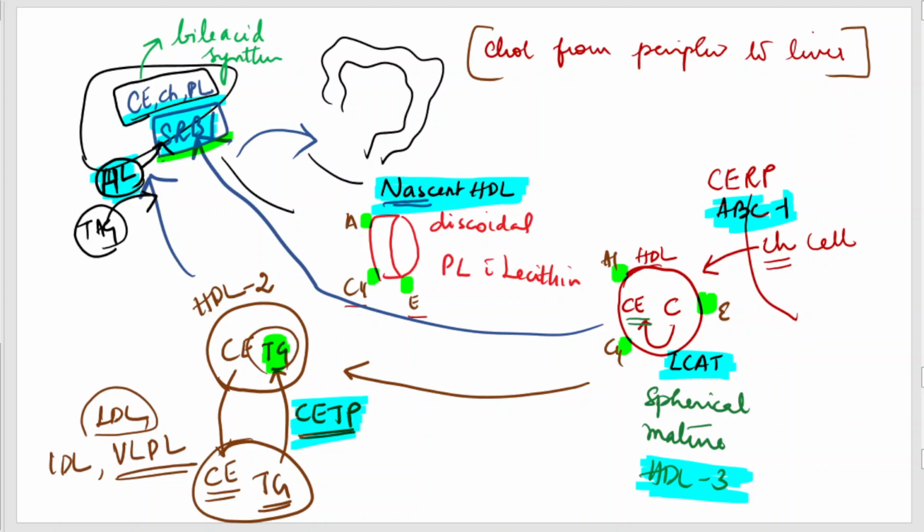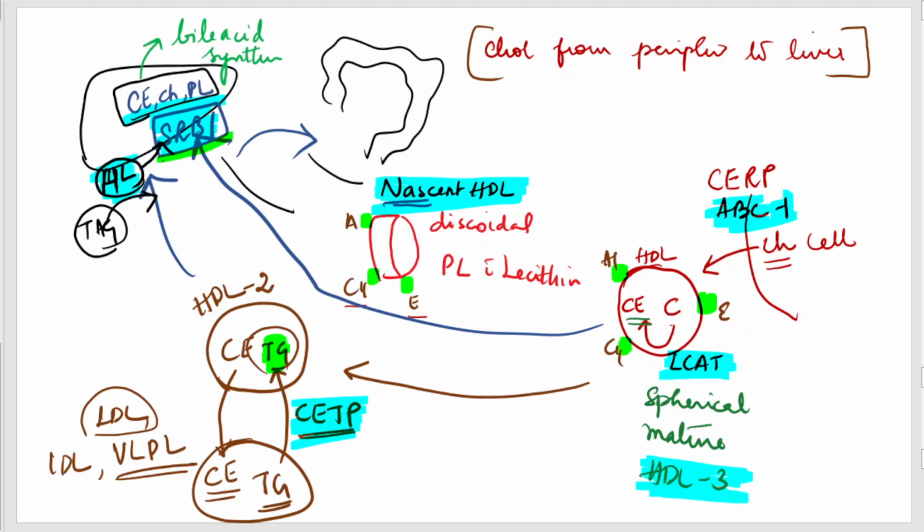Now this HDL3, as it goes through the circulation, will encounter the VLDL, LDL and IDL molecules. Here it will take triglycerides from the VLDL, IDL and LDL molecules to the HDL, in return for cholesterol ester from the HDL to the LDL and VLDL molecules.